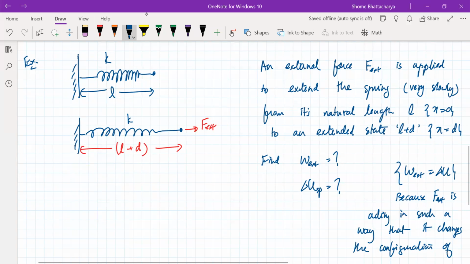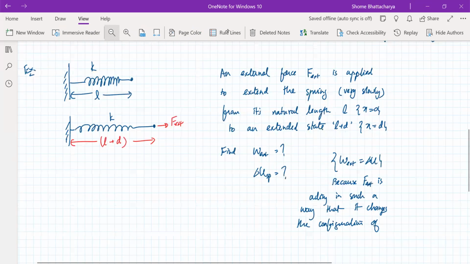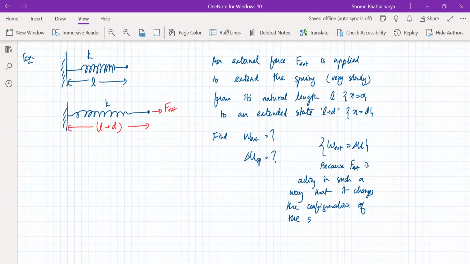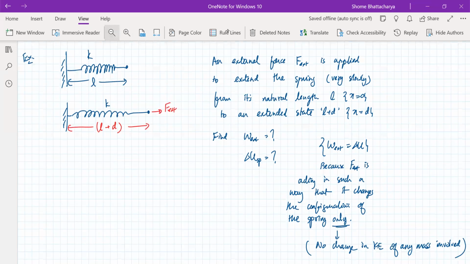It does not contribute to any kinetic energy or anything else, because it's extending the spring very slowly. There is no change in kinetic energy of any mass involved. So that is why the work done by the external agent is purely contributing to changing the potential energy of the spring. So now let's understand how we'll calculate this.